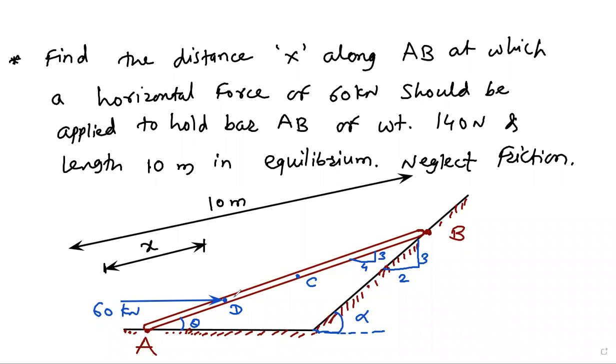Total length of the bar is 10 meter and the weight of the bar is 140 Newton, which is passing through the point C, that is CG. Yes, diagram is over. Okay.